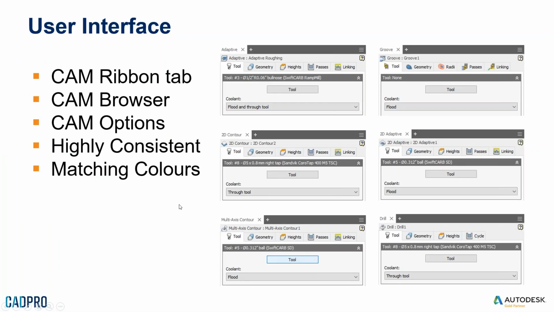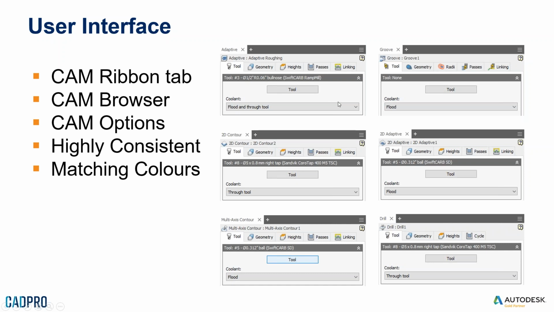Then, as we can see from the screenshots I've got on screen here, the dialogs are highly consistent. We've got milling and turning toolpaths on screen, as well as full 5-axis and basic drilling or hole making toolpaths, and they've all got 4 or 5 tabs, and each tab has the same content in it over and over again. Also, you'll see that in the adaptive, as an example at the top left, on the passes tab we've got blue lines, and on the linking tab we've got green and yellow lines.